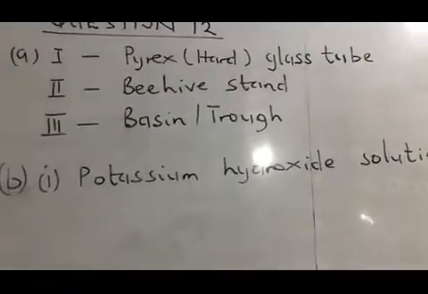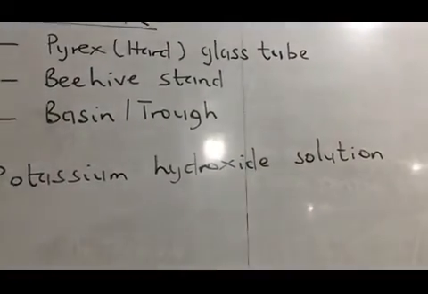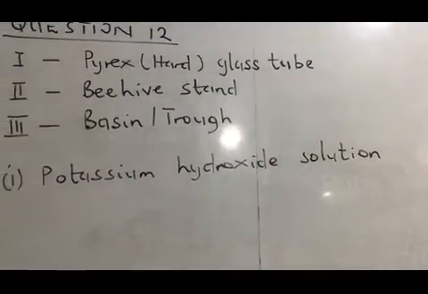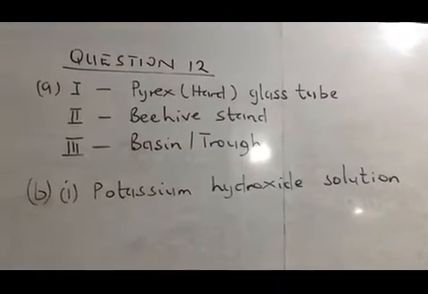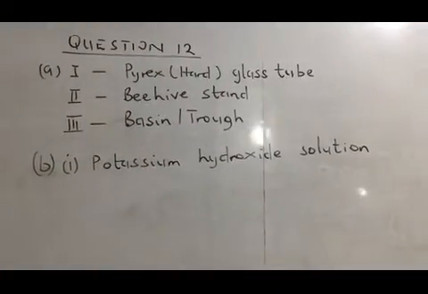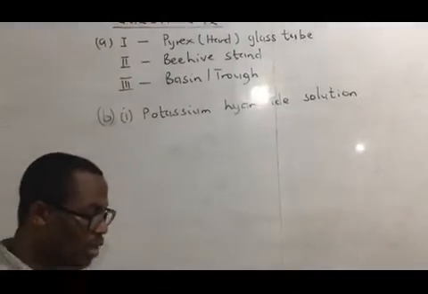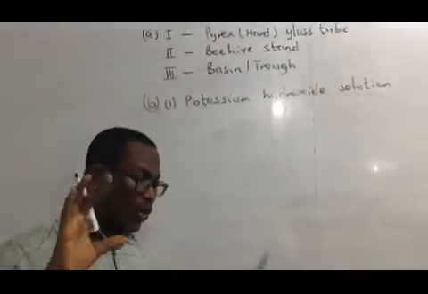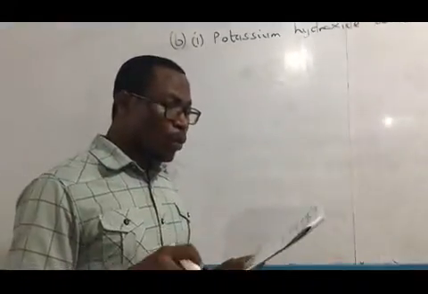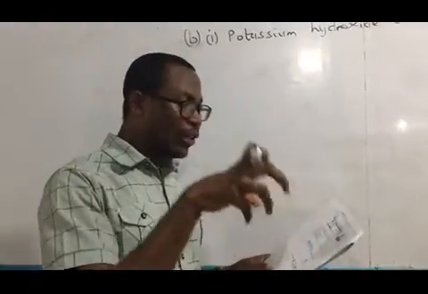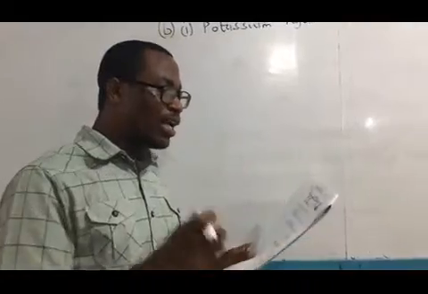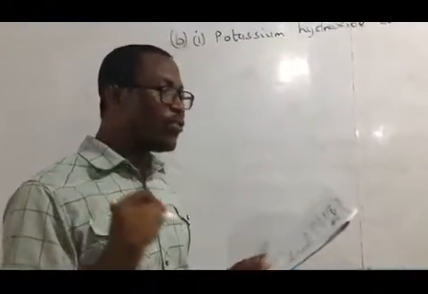You are supposed to state the function of potassium hydroxide solution. Now, before I even state the function, you should have in mind that the setup provided is to obtain nitrogen from air.